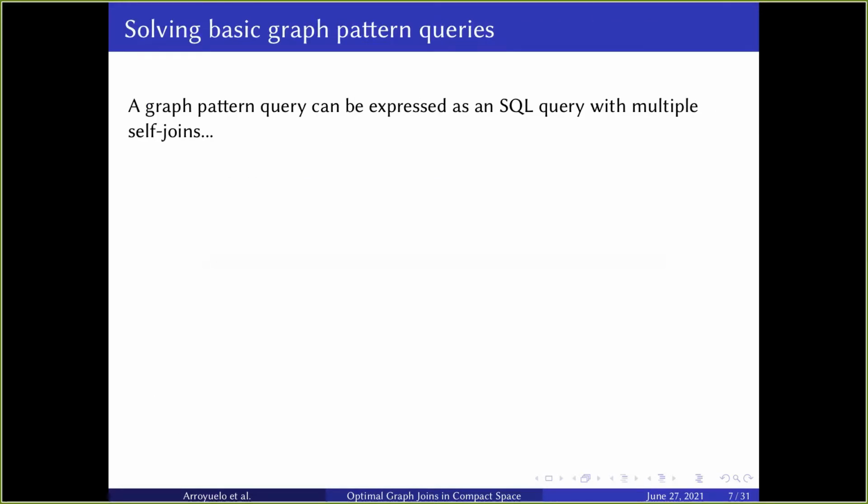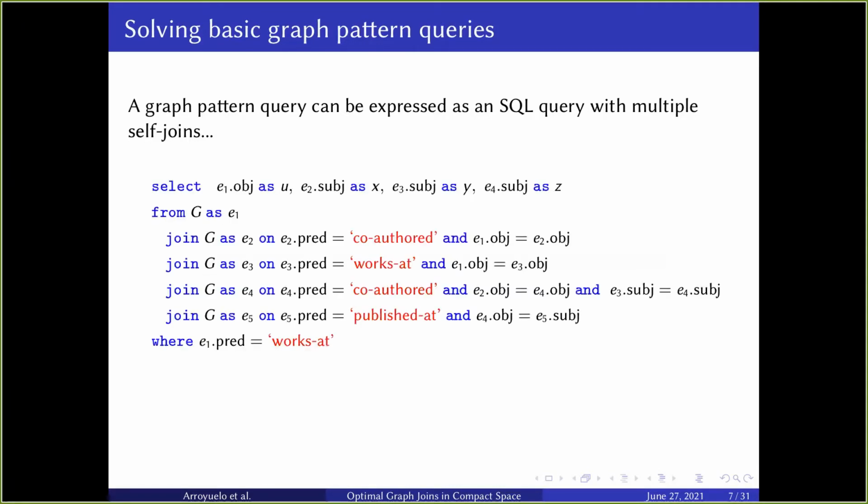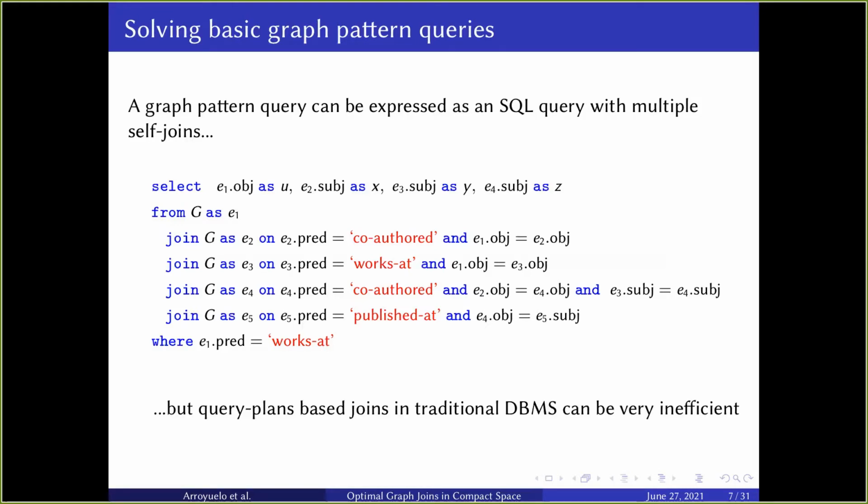A BGP query can be expressed also as an SQL query. This is, for instance, the SQL syntax that is equivalent to the BGP of the previous slide. However, traditional join algorithms based on query plans in database management systems are known to be very inefficient for some of these BGPs.